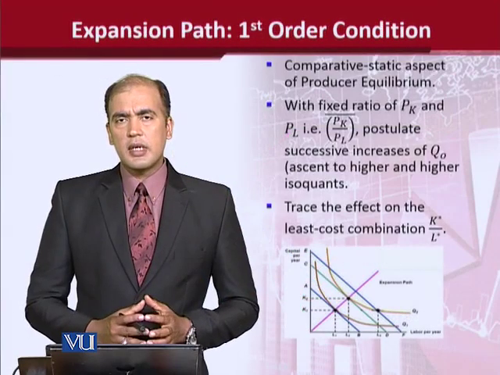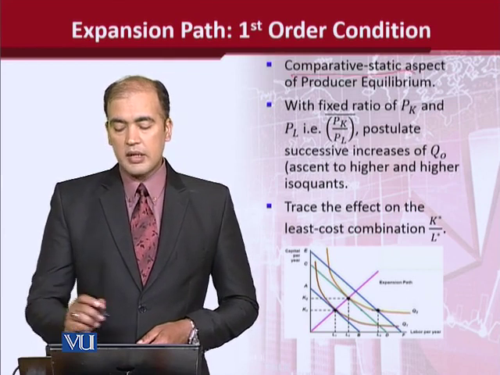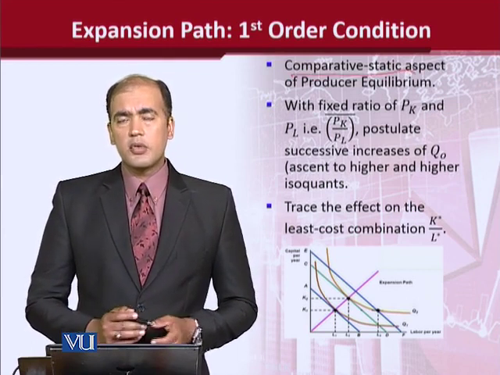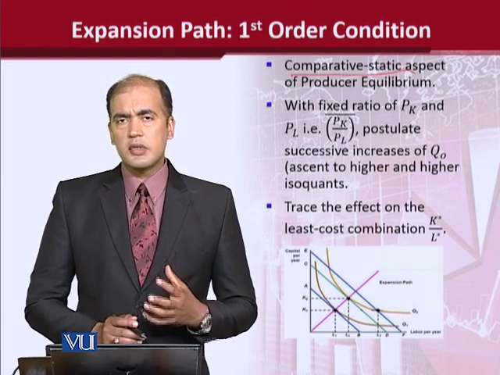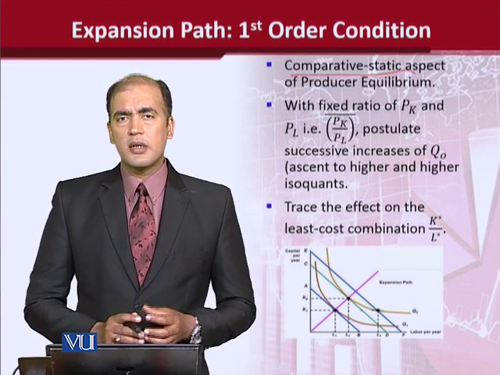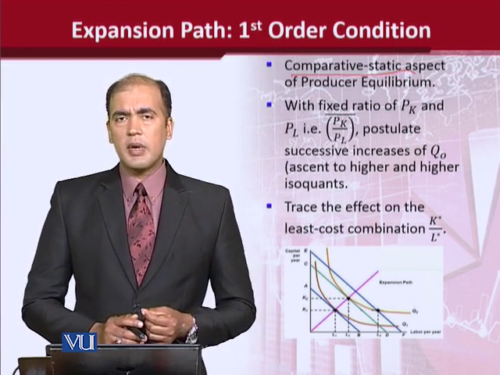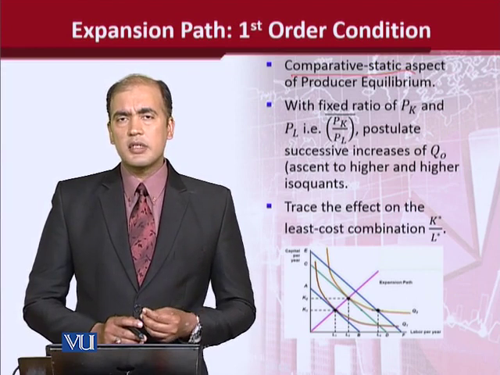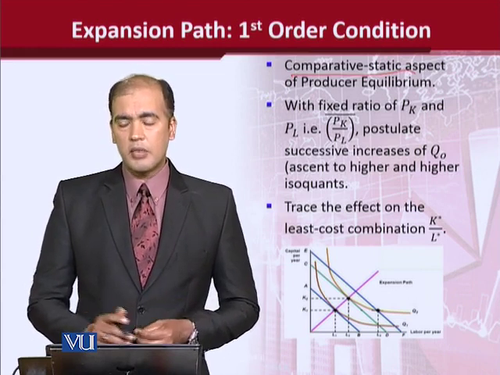In mathematical terms, it is the comparative static aspect of the producer's equilibrium, because in producer's equilibrium we are going to see what the impact on the output is once we change the inputs. So it is the impact of the exogenous or independent variable on the endogenous or dependent variable.